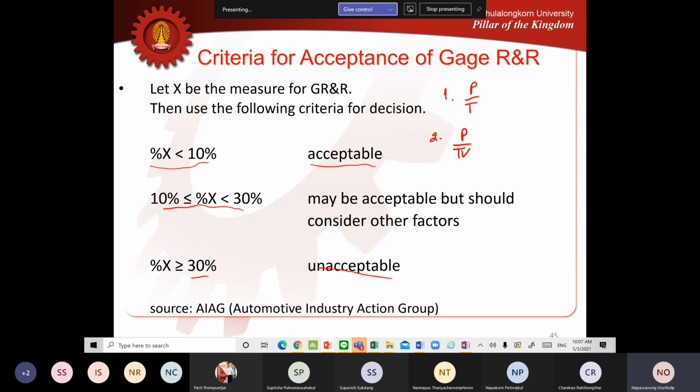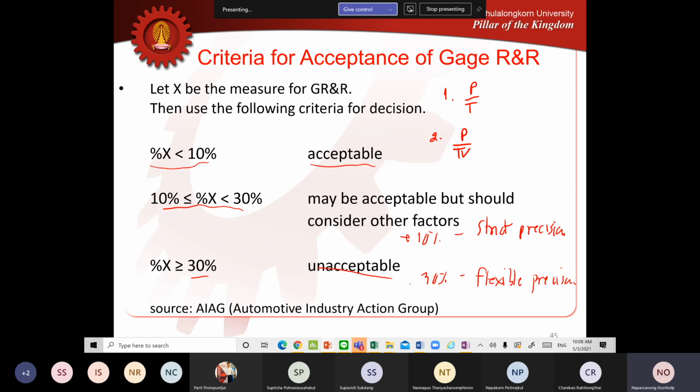If we are strict with the precision, we will use this ratio at 10%. But if we are flexible with the precision, we can use 30% to accept it. For example, if it's 20% and we use the 10% criteria, we will say that this precision is not acceptable, right?